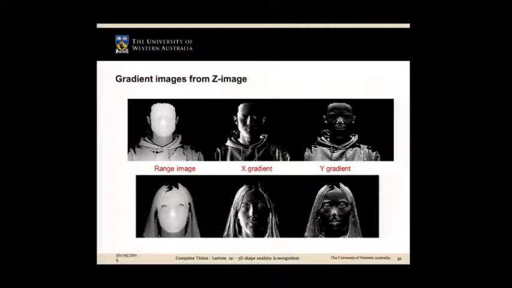The X gradient gives you the X gradient information. The Y one is giving you the Y gradient information. If you combine the three, you have three different pieces of information for your recognition. You can fuse them, or you can use them separately, and if you're doing some sort of recognition, you can say, okay, I have three matches for these three images. Okay, this image is classified. It belongs to this particular category. So this is just one example. You can extract X and Y gradients, and you can combine them with your original depth information to make your data more meaningful.